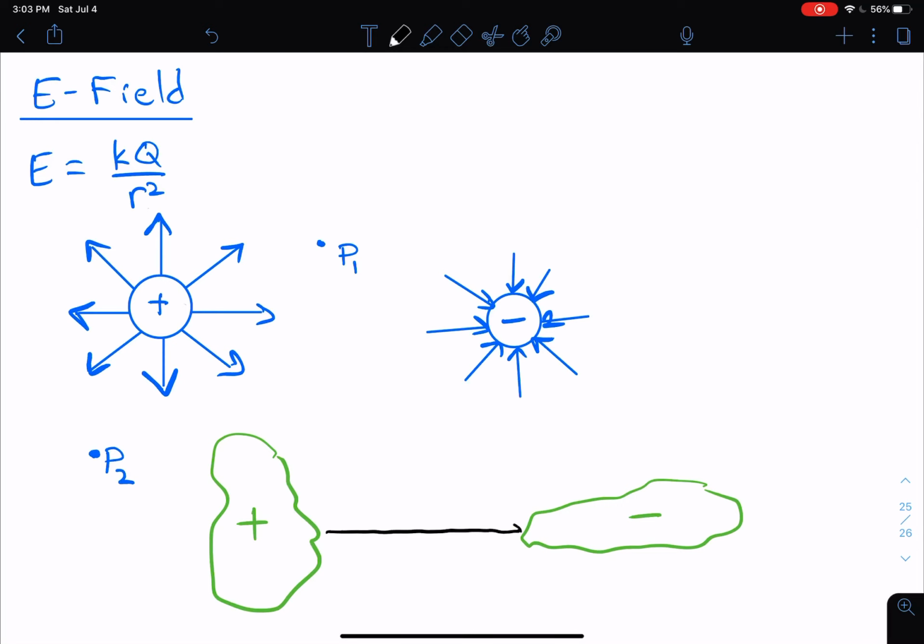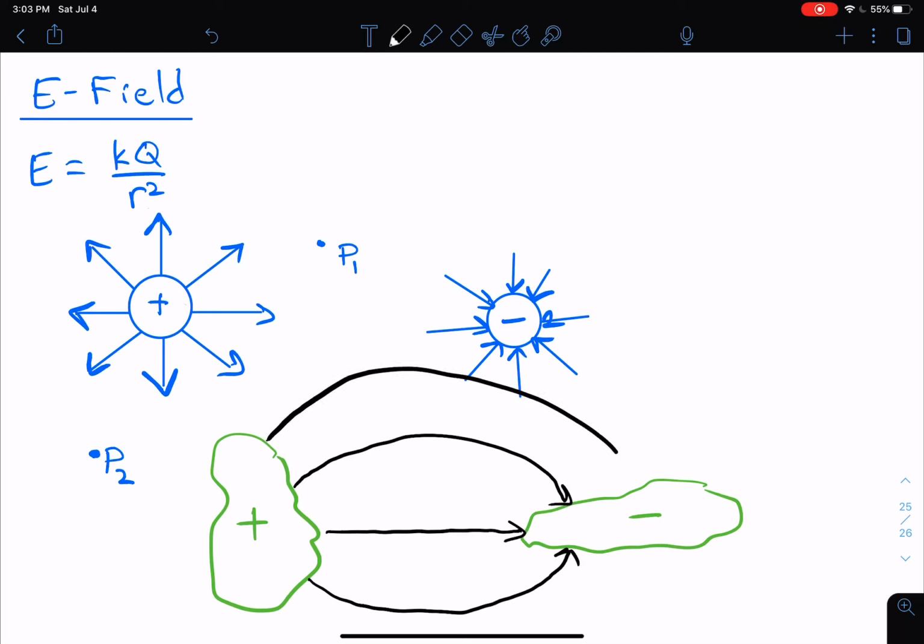This is the net electric field that I'm drawing now. And I can draw many, many more E field lines here. I'll just draw a couple more. I'm not going to draw all of them.